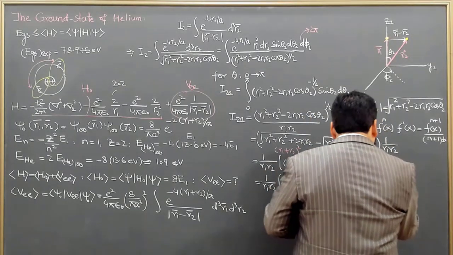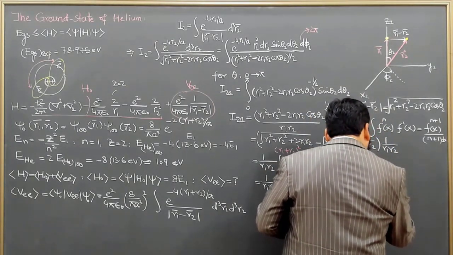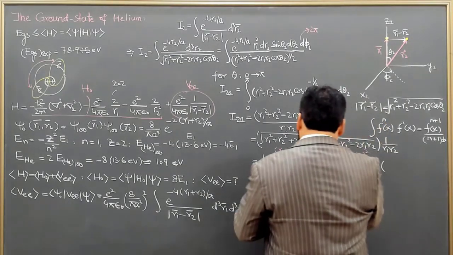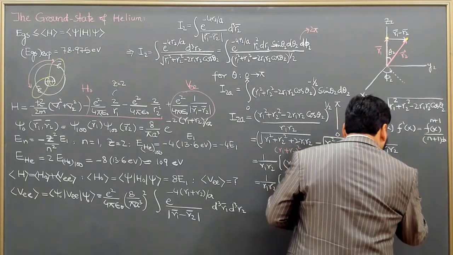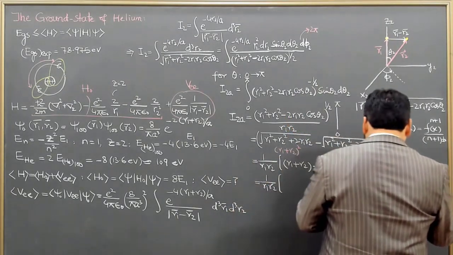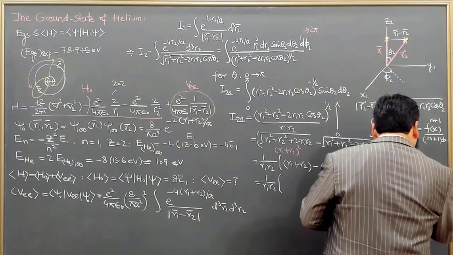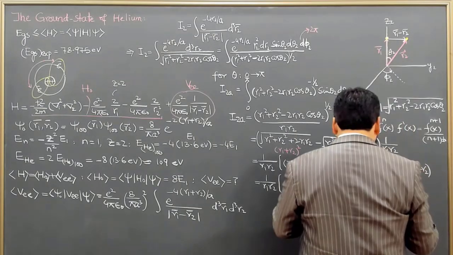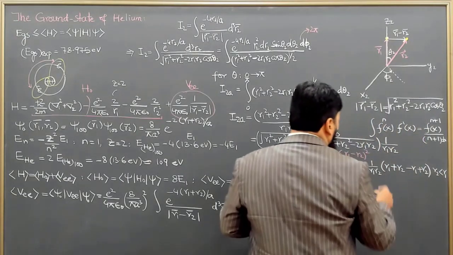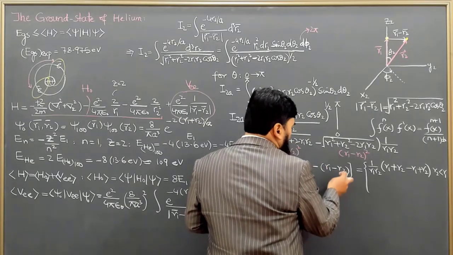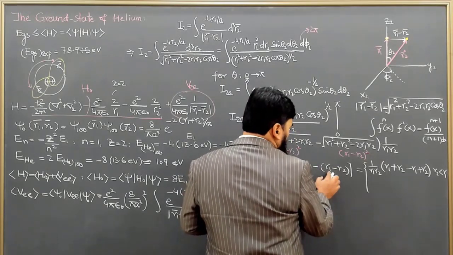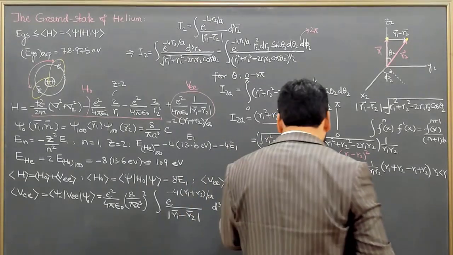Let me write 1 over r1 r2, and here I write r1 plus r2 and minus r1 plus r2. Now what situation will this be? When r2 is less than r1. Because when r2 is less than r1, then this will be in the same setup, and we will have minus r1 and plus r2.